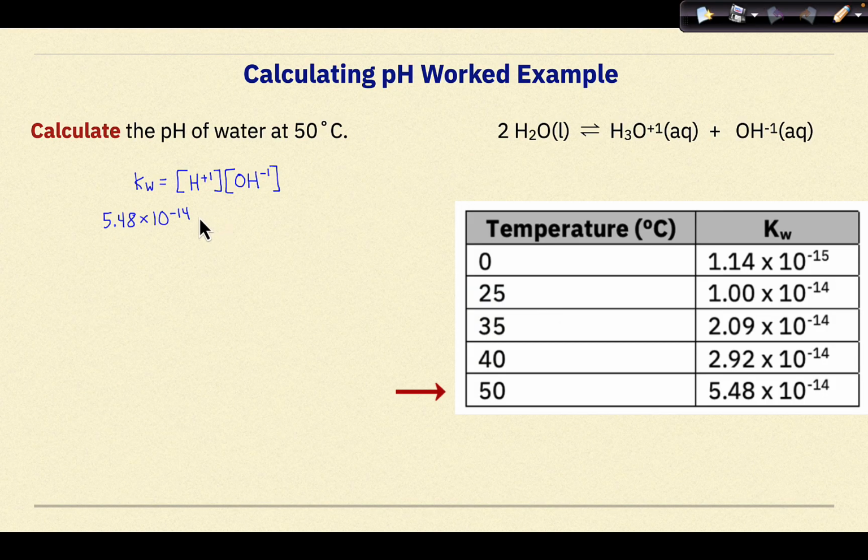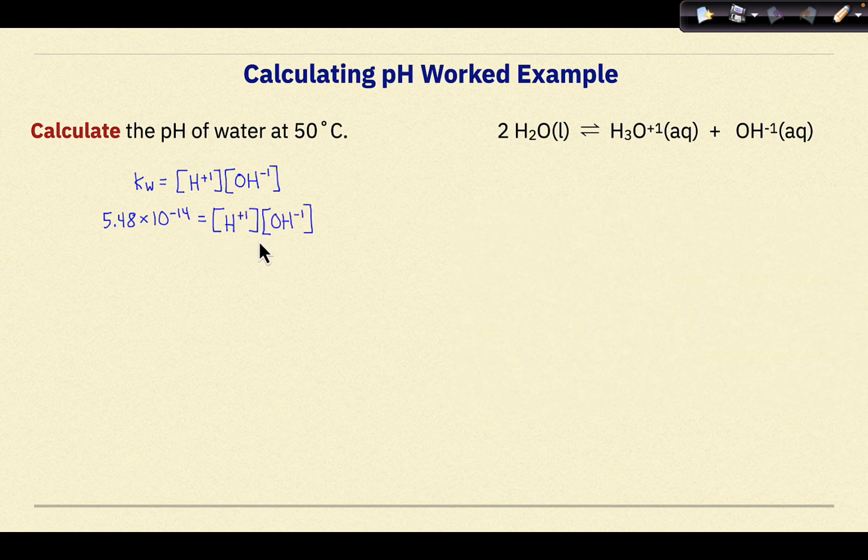And that's going to equal our hydrogen ion concentration times hydroxide ion concentration. Because this is Kw in a neutral solution, the concentration of hydrogen ions and the concentration of hydroxide ions are exactly the same. So to figure out pH, we need to calculate the hydrogen ion concentration.